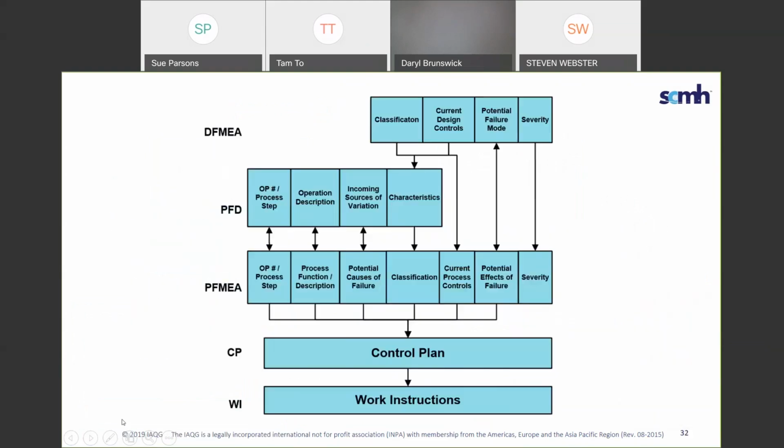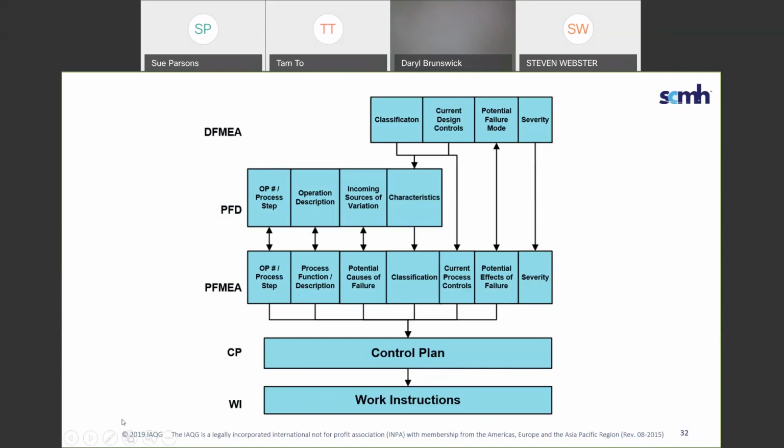And so with regard to all these different columns in the forms, they all have a relationship between each other. For instance, potential failure modes of the DFMEA could impact the potential effects of failure on a PFMEA and vice versa.